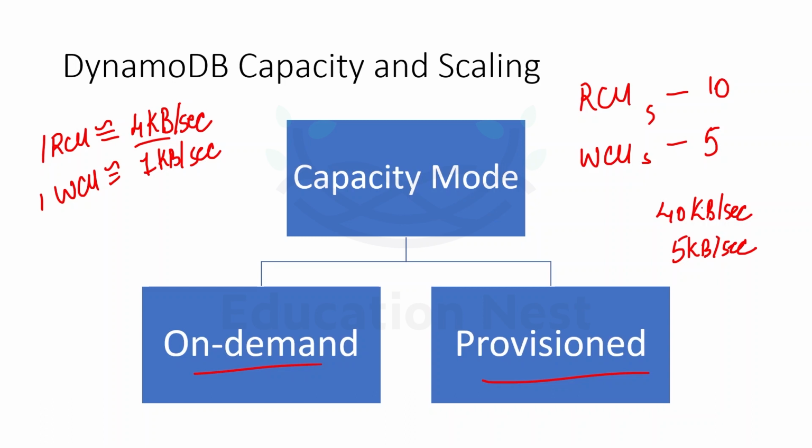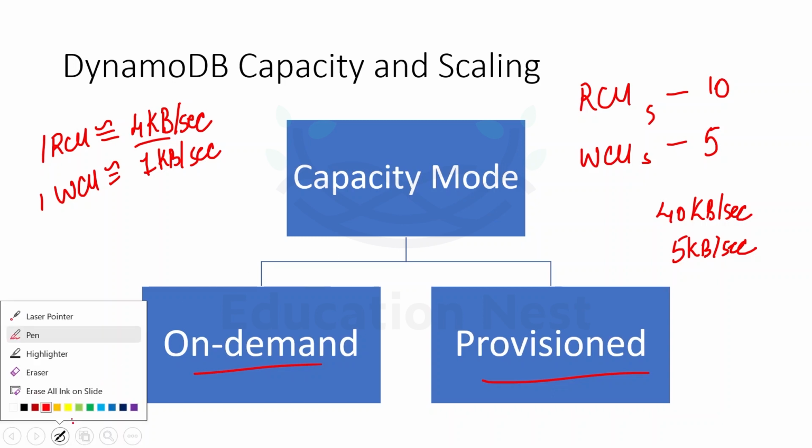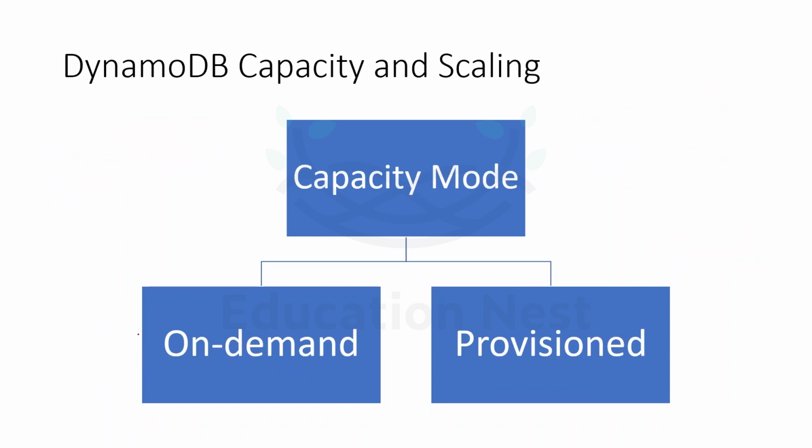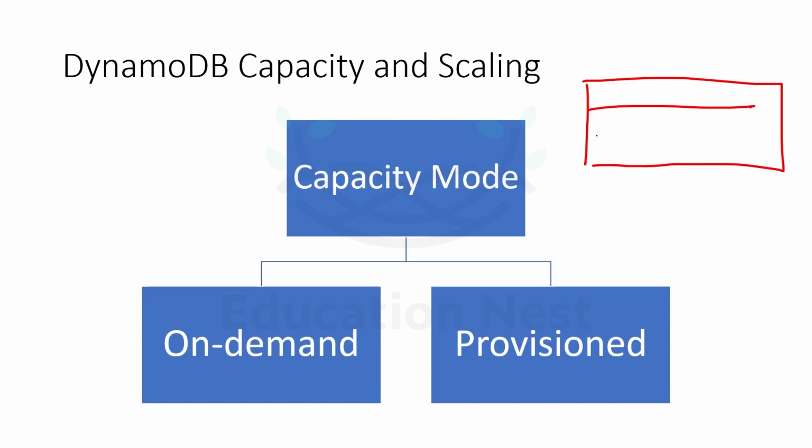Okay. So this is about RCUs and WCUs. Let's take one more example over here just to make things clear. Suppose I have one DynamoDB table inside of which I have 2 items.